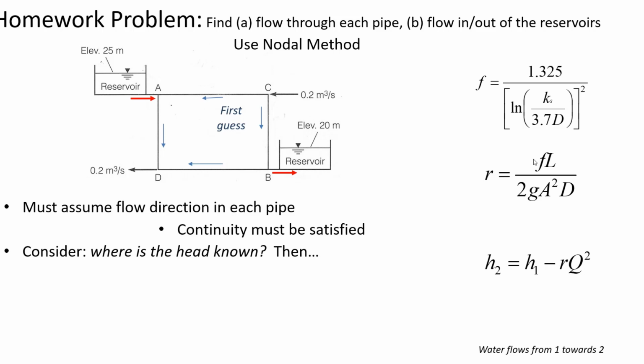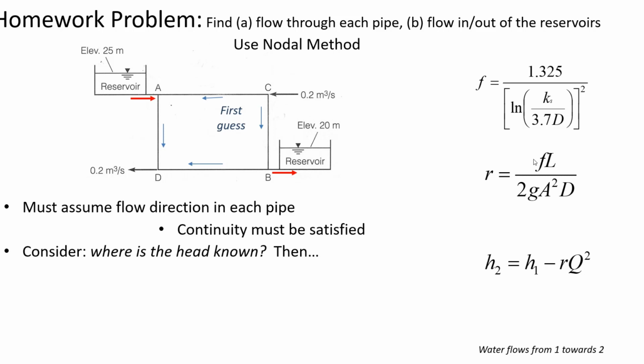So we could say, if we want to say that the head at C is equal to the head at C, then one side of that expression is 25 meters plus the head loss through pipe AC.